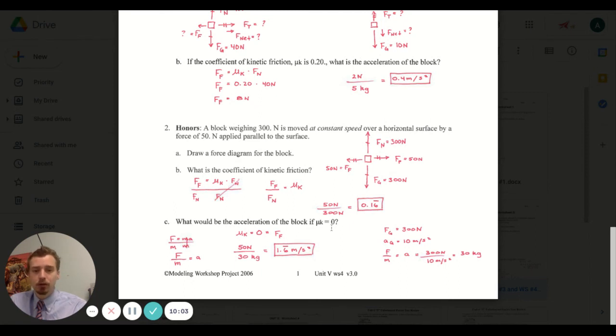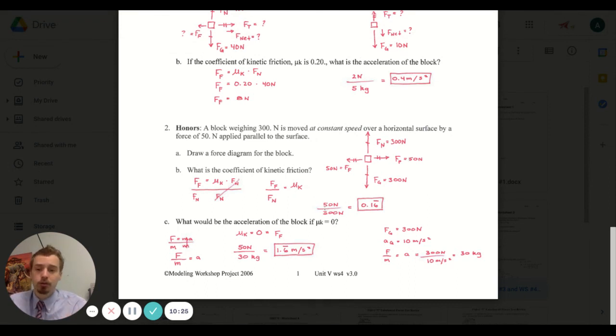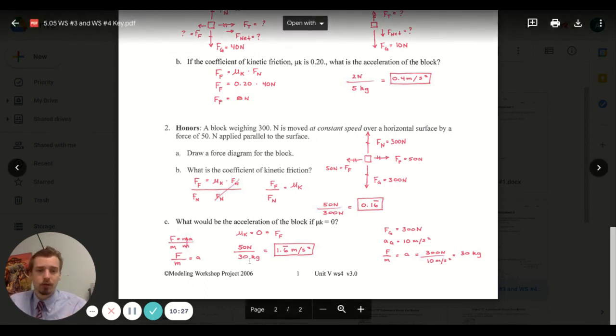So what would that acceleration be if the coefficient of friction was 0? Now this seems like a complicated problem, but it's really not. If you have no coefficient of friction, then you have no friction, right? So if we have no friction here, my net force is just 50 newtons to the right, if the force push is not being opposed at all, divided by the mass of our object.